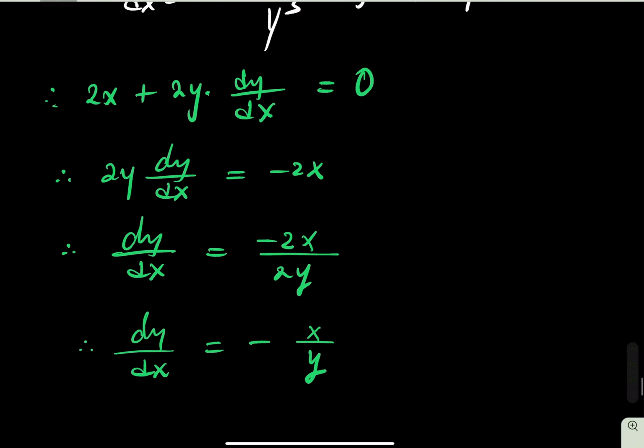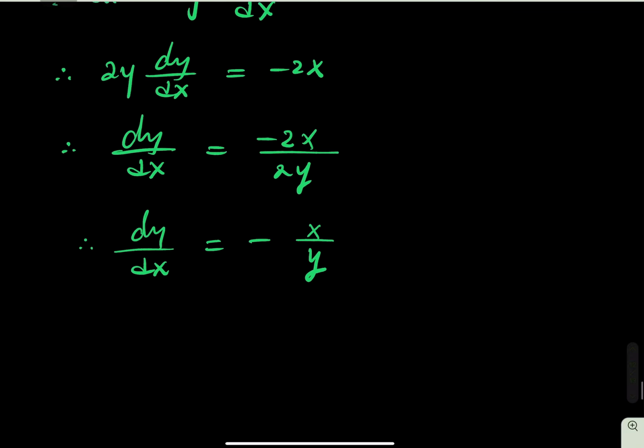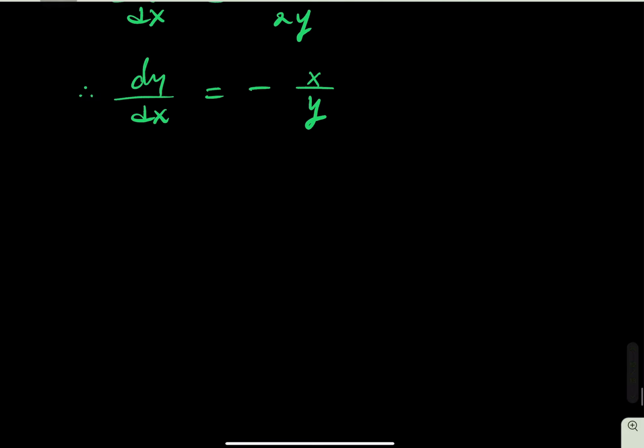That is the first derivative. You want to get the second derivative. That means you're going to differentiate that, and you get d squared y over dx squared.